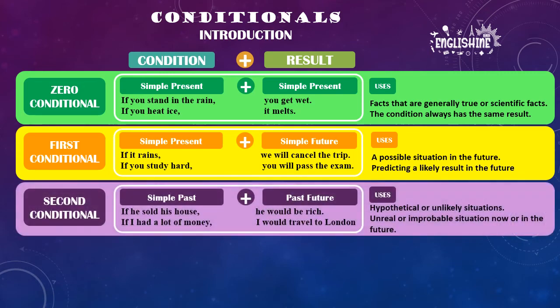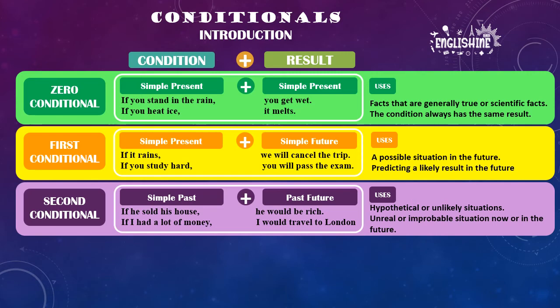The second conditional. We can use the simple past plus past future. This is used for hypothetical or unlikely situations. Also, for unreal or impossible situations, now or in the future.